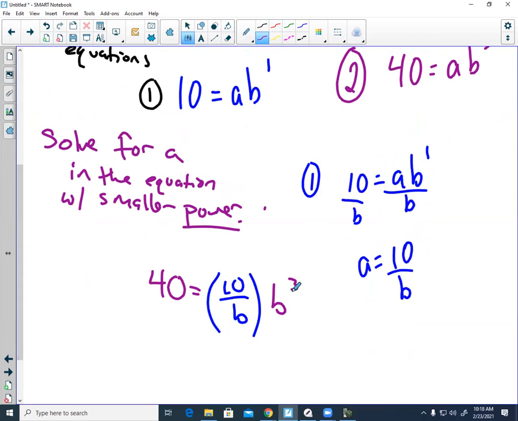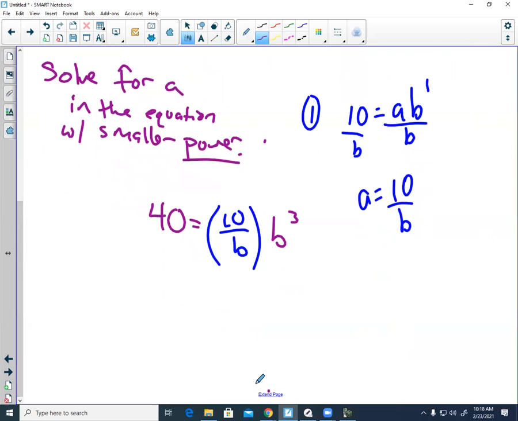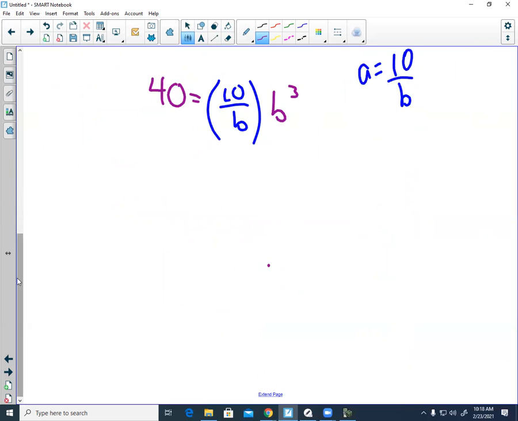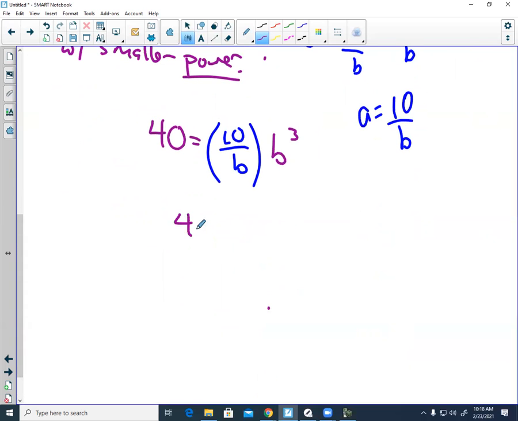And then now we can start to simplify things and we can start to see how things work. All right? So when we solve this, we will get 40 equals, I'm just going to multiply across the top, so it's going to be 10b to the third over b. And if I have 3 b's on top and 1 b on the bottom, how many b's are going to be left and where are they going to be? 2 on top, right?